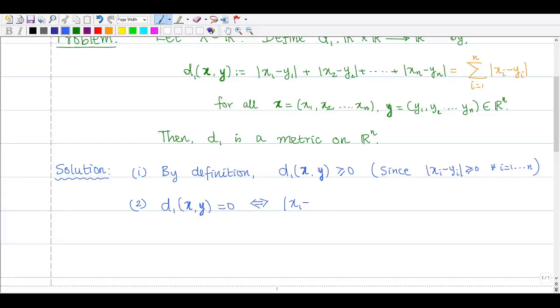Modulus of x1 minus y1 plus modulus of x2 minus y2 plus dot dot dot plus modulus of xn minus yn which is equal to 0.